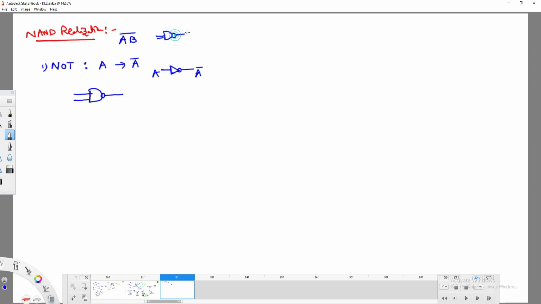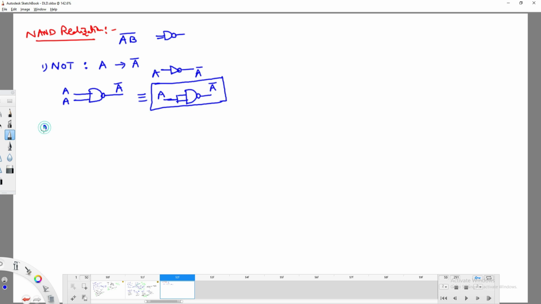I give two inputs, A and A. A and A gives A, which is complemented to A complement only, meaning it acts as a NOT gate. So I modify this structure like this: I give A as input and produce A complement. This is the NOT gate representation in terms of NAND gate.